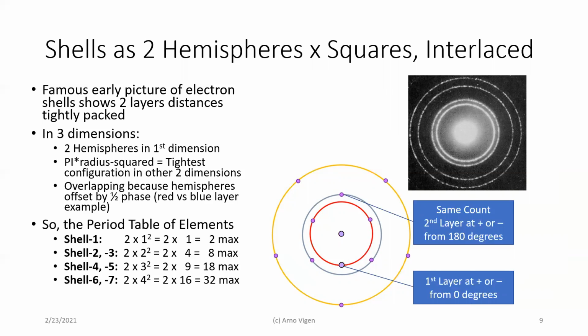Now the first layer, starting at the bottom as 0, will then have a +1 and a -1 for the 3 electrons. However, instead of having to get a bigger shell, a second layer becomes at the 180-degree position with its plus and minus fitting in the gaps of that inside layer.